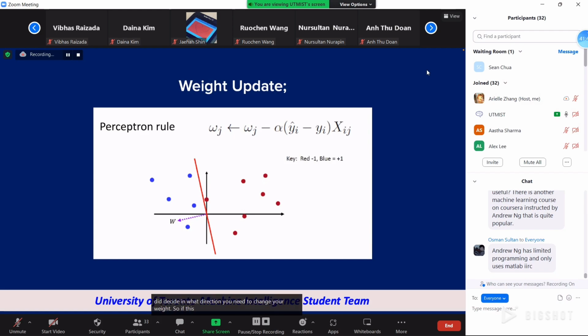So if this is not a good result, you don't want to emphasize your failure, right? So you have to use the subtraction to decide which direction you're changing it, and you have to follow the right trend in order to update the weight. And the alpha here is kind of like a delta factor. If you make a wrong update, that will for sure happen, because there will be outliers in your data.